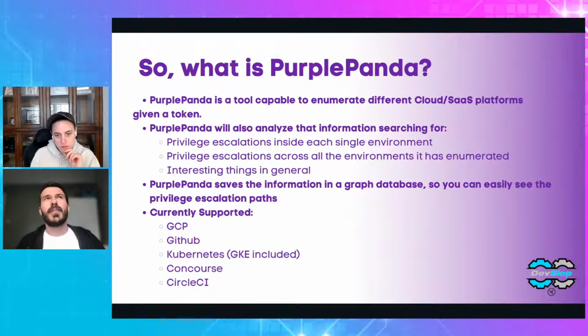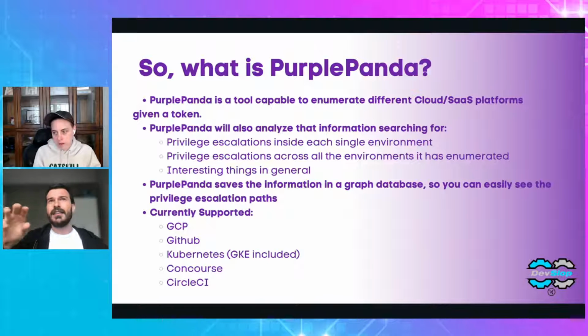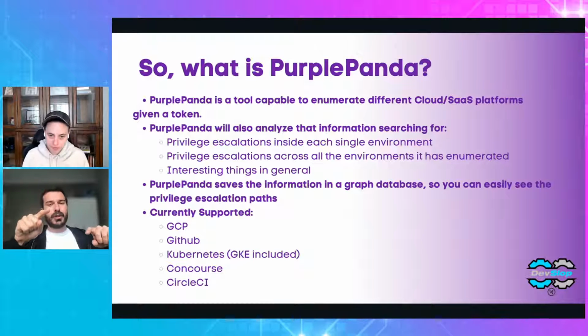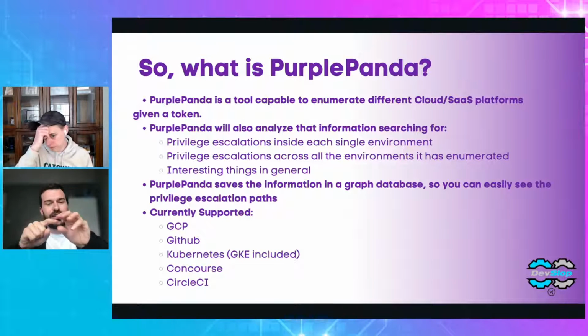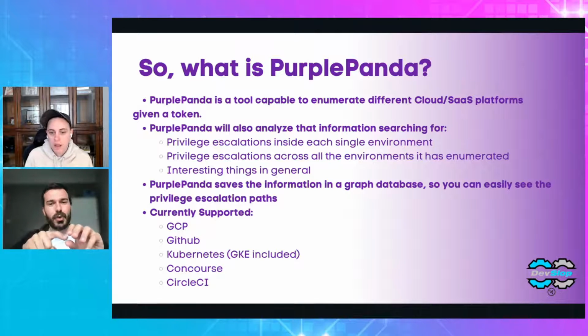The thing is that PurplePanda, as it is creating nodes in a graph database, is going to identify that, hey, this source code inside GCP is mirroring this repo in GitHub. And then from the other side, when enumerating GitHub, you're going to find, hey, I have access to this organization, and this organization has this repo, and all these users can merge into this repo.